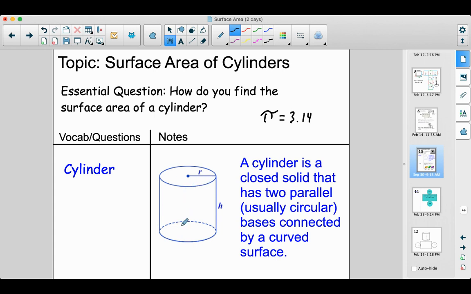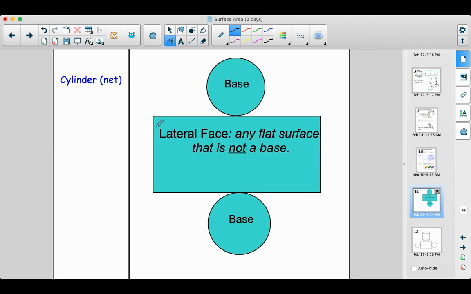You'd have a circle at the top, a circle at the bottom, and a rectangle in the middle. So when we're finding the area of cylinders, we're just finding the area of two circles and a rectangle and adding them together.